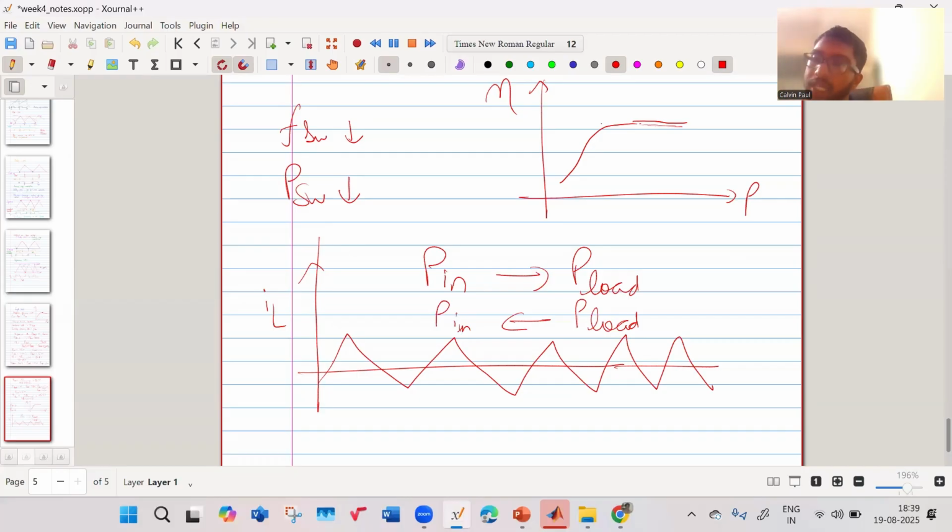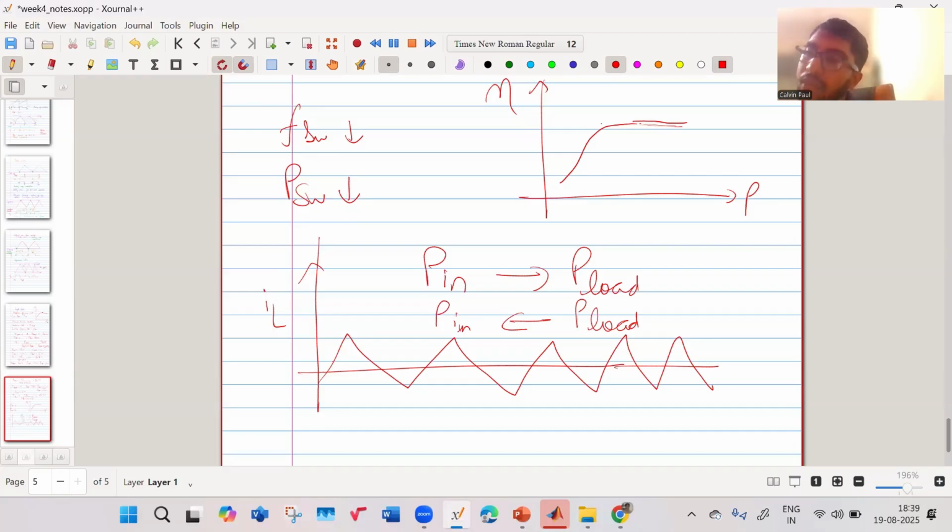That's why the current is going negative. Let us say 60% of the power is going from the input to the load, and 40% of the power is being recycled back from the load to the source. That's why your current has gone negative.